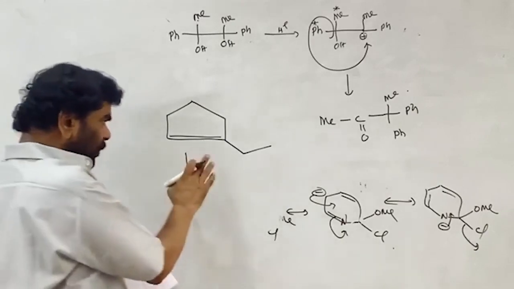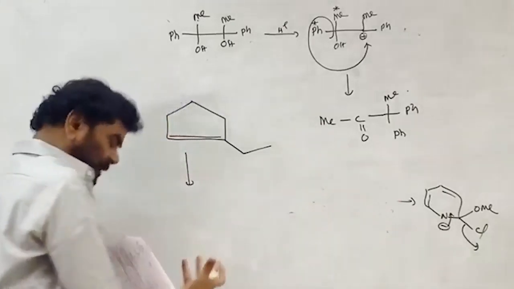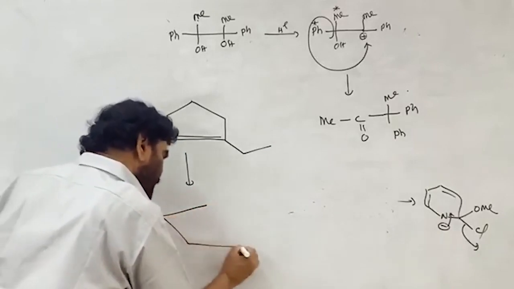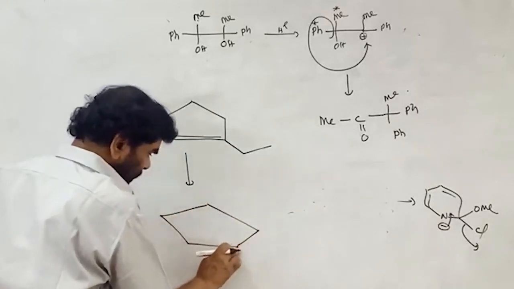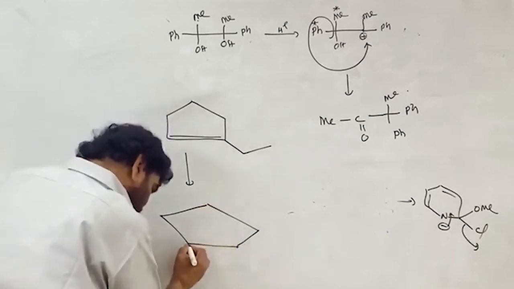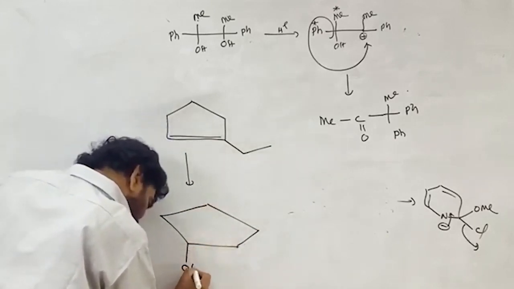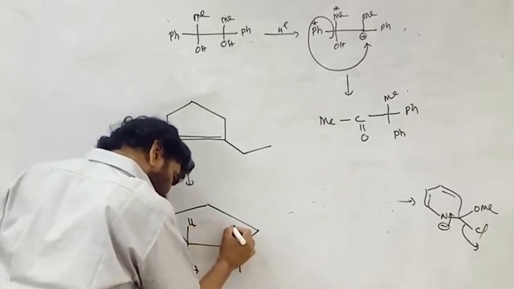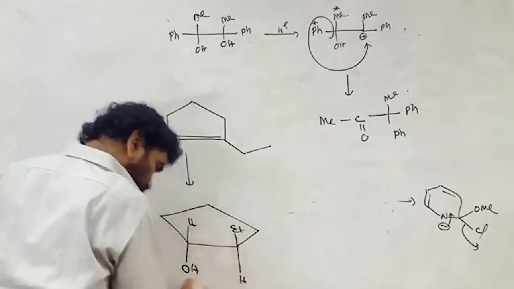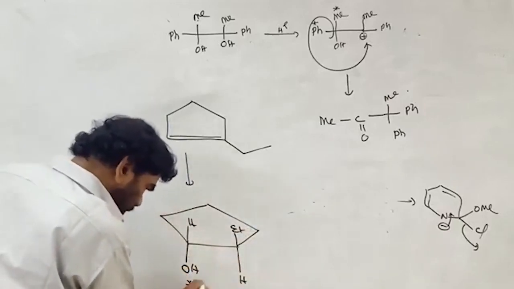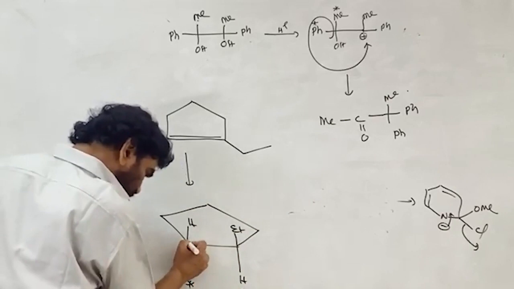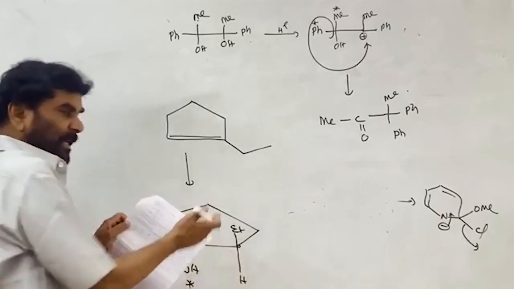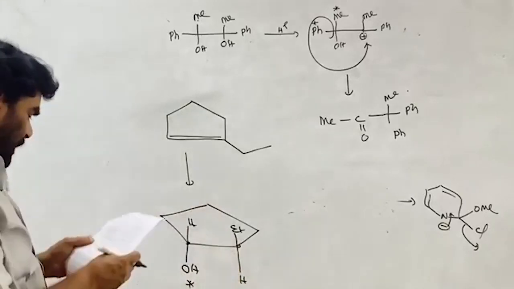What happens? Cis addition of water against Markovnikov takes place. Here this is the OH, this is the original hydrogen, this is the ethyl and hydrogen. Two are added. OH is added here and H is added here from the same side. Cis addition.